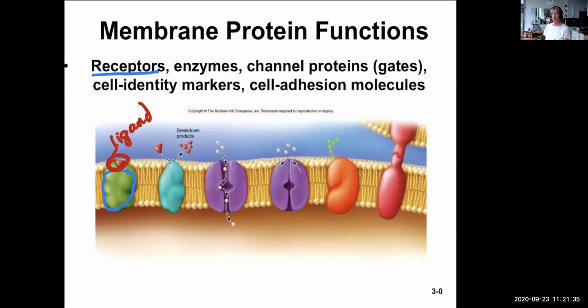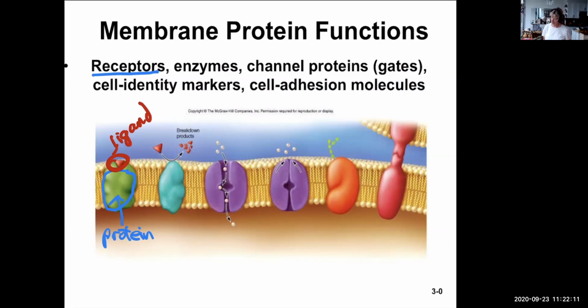The receptor is there to receive signals from the blood and from the rest of the body. So the receptor is a protein, and it's specific to certain ligands. So it may be specific, for example, to a particular hormone, like testosterone.